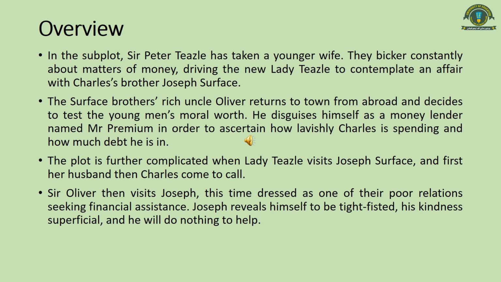To break up Charles and Maria, Lady Sneerwell and Joseph, with the help of Snake, are spreading rumors that Charles is having an affair with Lady Teazle, the young wife of Sir Peter. She tells Maria that she was sorry to hear stories about trouble between her and Charles, and between Sir Peter and Lady Teazle.